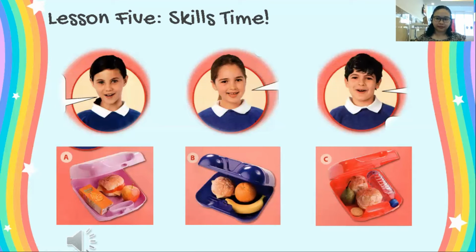I don't have a banana, but I have an apple. I have a drink today. I have a pear and a cookie in my lunchbox. I have 2 egg sandwiches. My drink is water. I don't have an apple today.